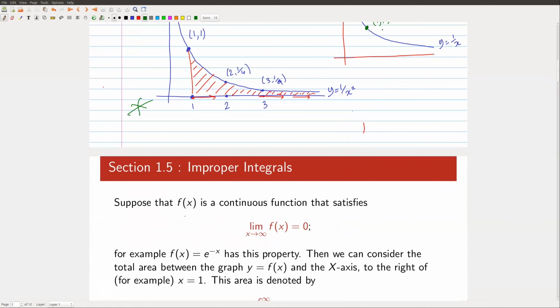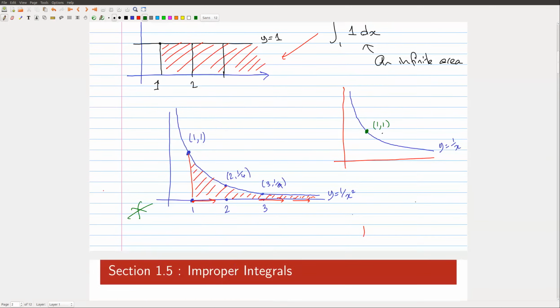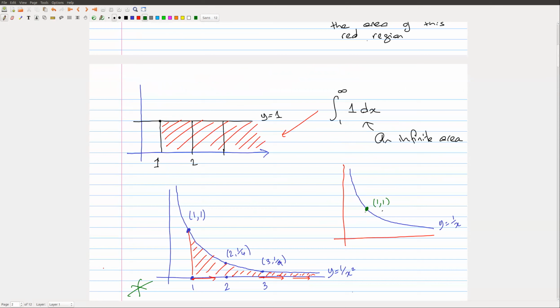When x is 1 or more, x squared is greater than x, so the graph of 1 over x squared lies below the graph of 1 over x. And when x is less than 1, then x squared is less than x and 1 over x squared is higher. So if you cared about the integral to the right of 1, you'd be starting at this point.